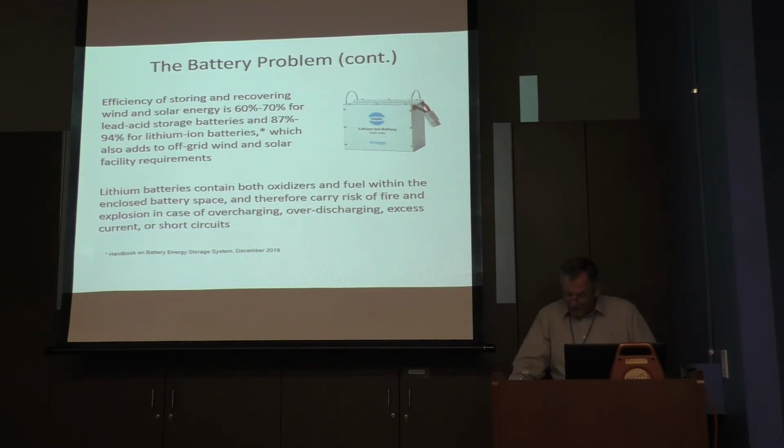Also, lithium batteries contain both the oxidizers and fuel within the enclosed battery space, and therefore carry a risk of fire and explosion in the case of overcharging, over-discharging, excessive current, or short circuits. Currently, there is no single standard for assessing battery safety, and there are no fire prevention system design standards or test criteria for battery energy storage systems.